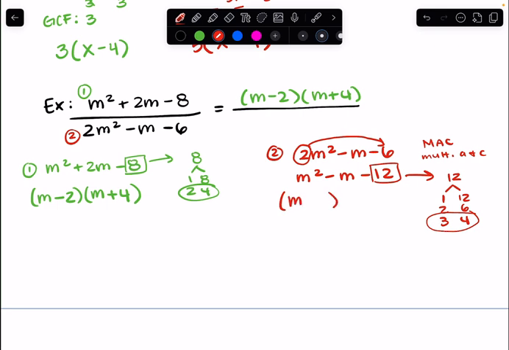So m and m, I said 3 and 4. So positive 3 minus 4 will give you that negative 1 in the middle. Right? So again, the most important part for the MAC method, remember, you need to pay MAC back.